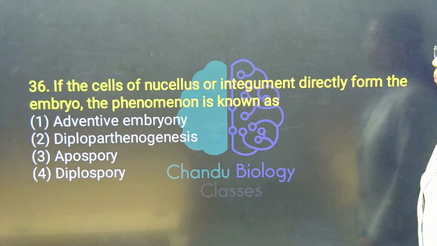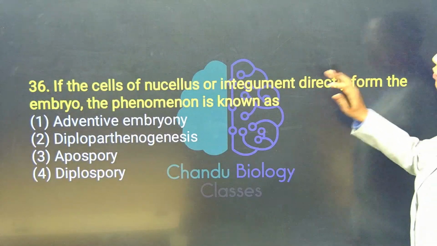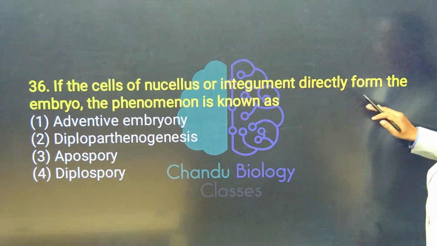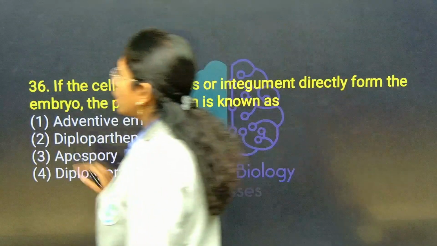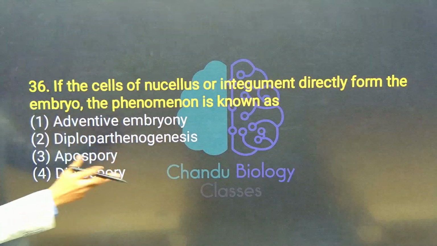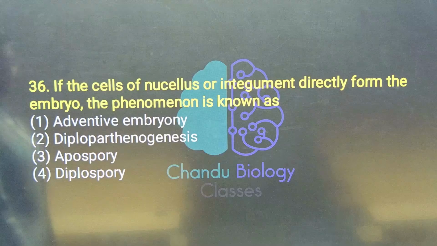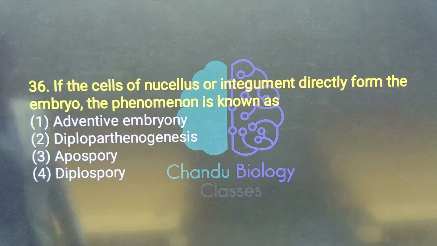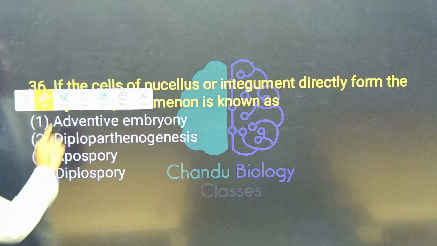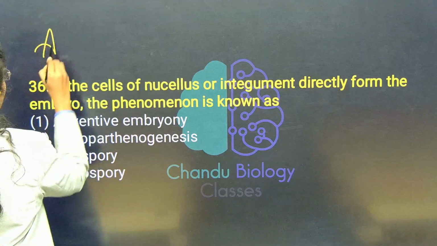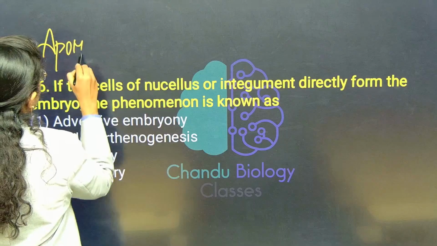Next question. If the cells of nucellus or integument directly form the embryo, the phenomenon is known as what? The question is repeated in a different form. You can easily answer. And the question is from the concept of apomixis.